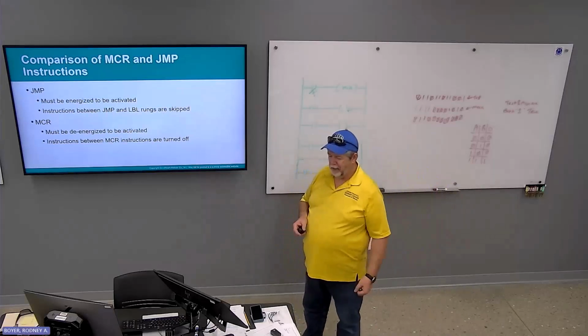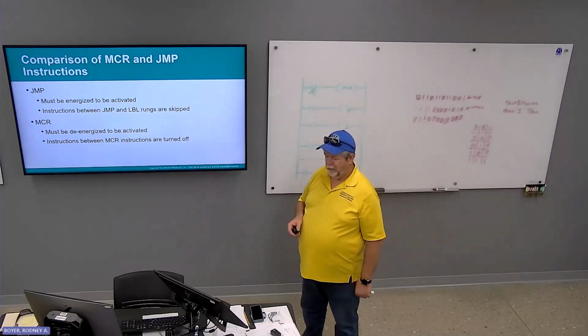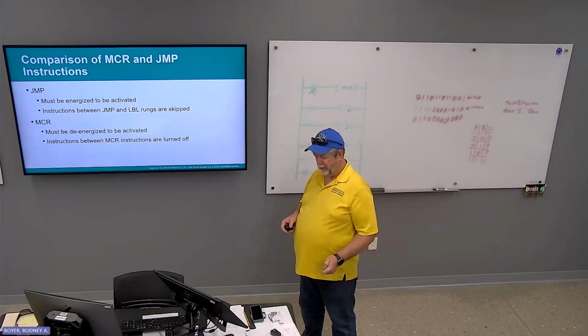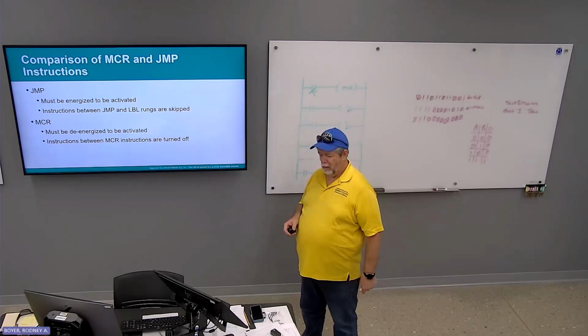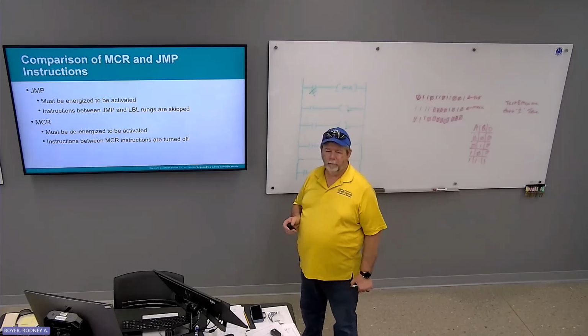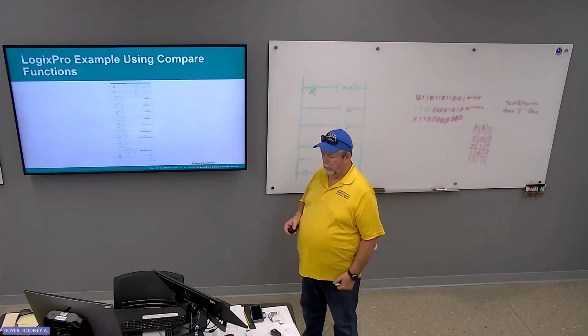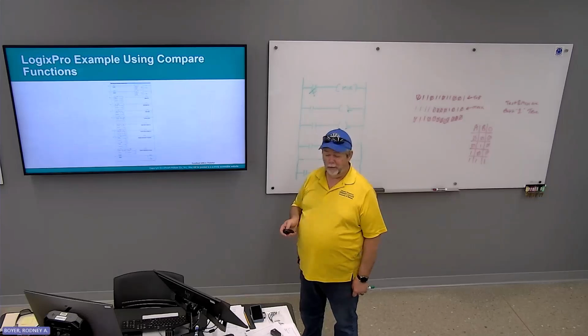Must be energized to be activated. The instructions between jump and label will be skipped. Master control must be de-energized. Instructions between master control instructions are all turned off. Logix Pro example, which you can't read anyway, we don't use Logix Pro, so.